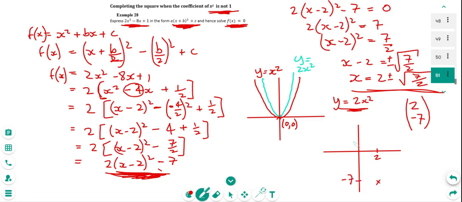That's going to be the minimum point, and we can then find the other values if we want. We can find the points where it's going to cross the axes as well. So as a very rough sketch, what we could do would look something like this, with the minimum point moved from 0, 0 to 2, minus 7.